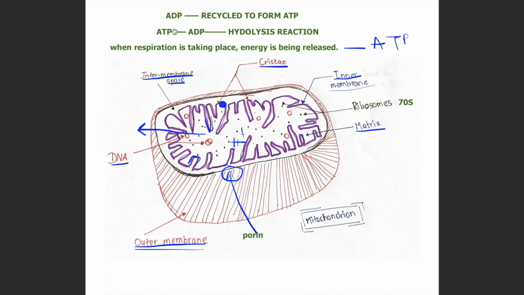So after the ATP has gone into the specific part of the cell where energy is required, ATP is broken down into ADP to provide energy through a hydrolysis reaction. And this ADP can be recycled again to form ATP. Now this is explained in the Krebs cycle.